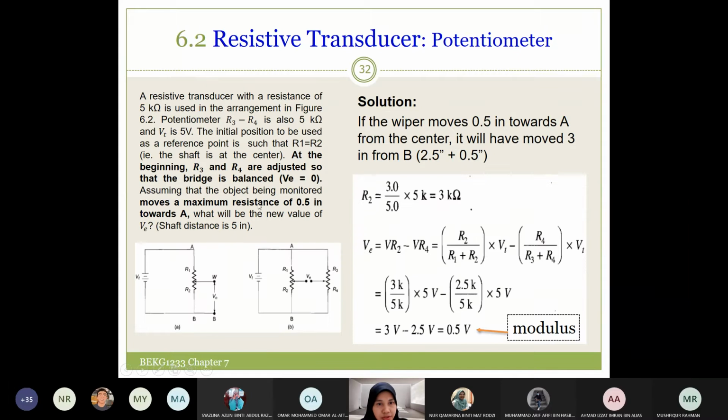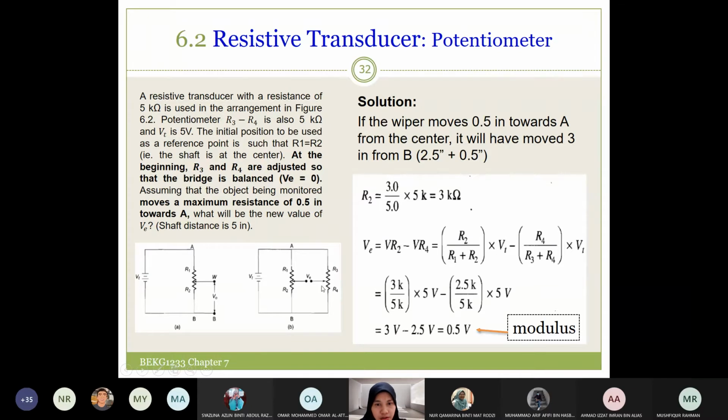So this is the question. The solution: if the wiper moves 0.5 inch towards A from the center, it will have moved 3 inch from B. Why?